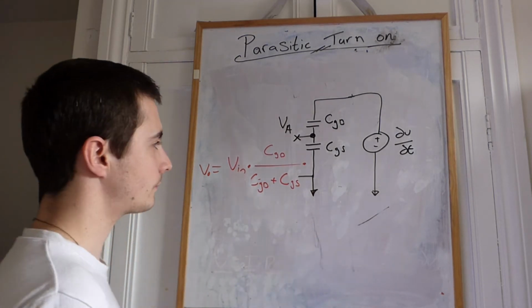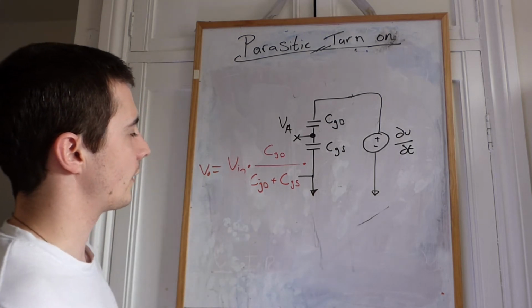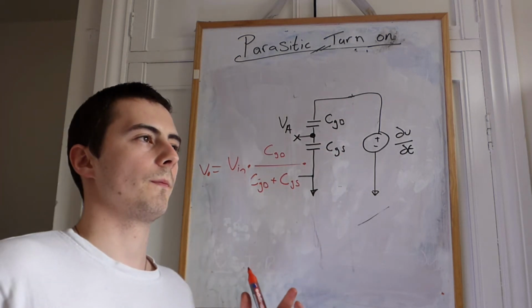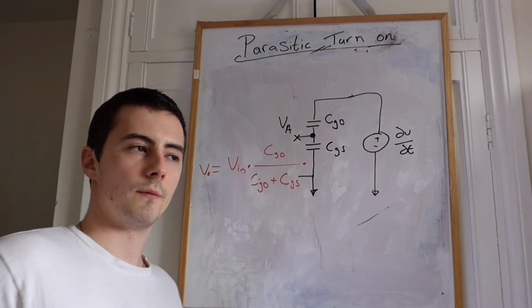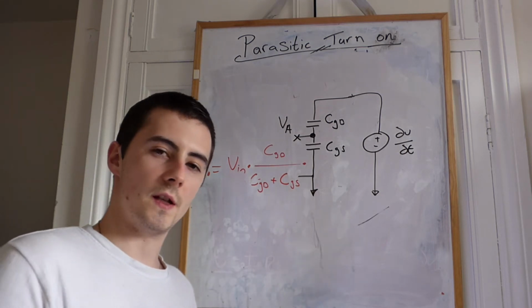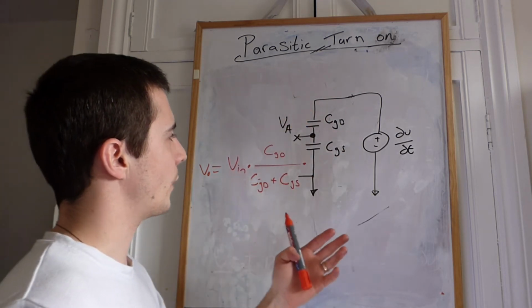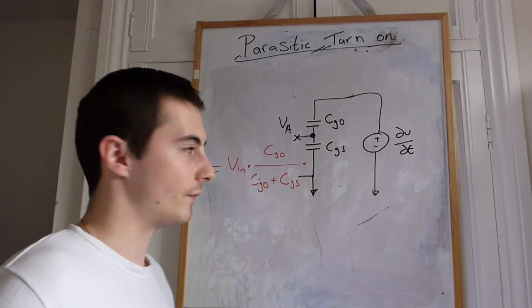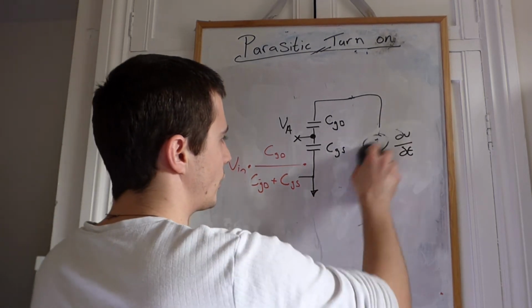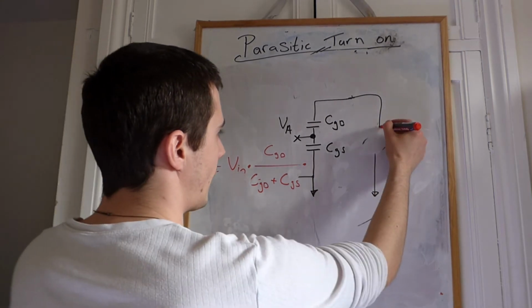bottom capacitor. Okay, so lastly then, what we need to do is figure out what the equivalent, like what you would do finding out the equivalent resistance of a power supply or something for a DC Thevenin circuit. What we can do here is figure out the equivalent total capacitance that we've got. So to do that, we short all of the supplying voltages. So I'm going to short that.